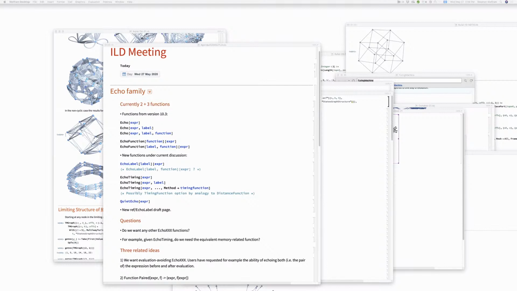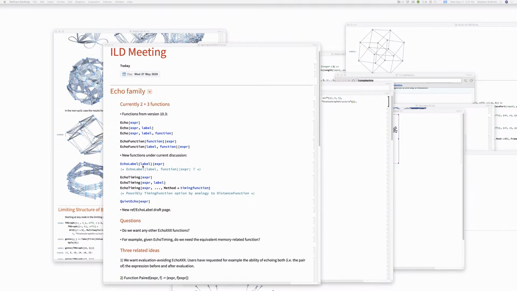You mean EchoLabel would then be just like EchoFunction, but with a different default? That we would make EchoLabel have a 2-argument form, label comma function, which would then be exactly equivalent to EchoFunction.